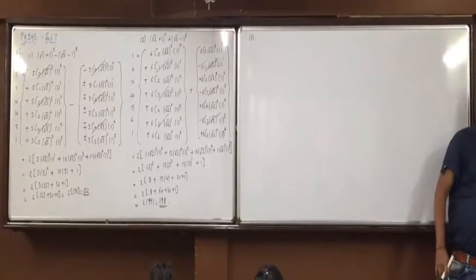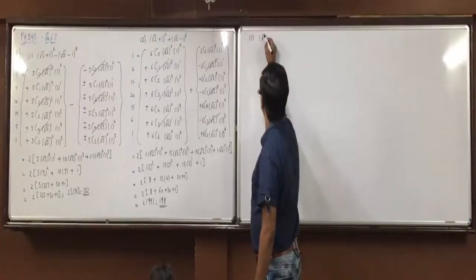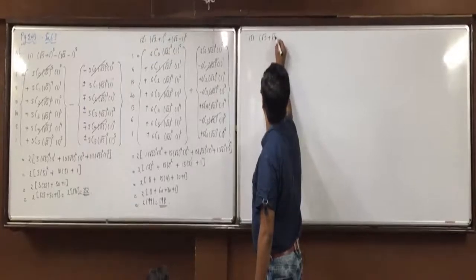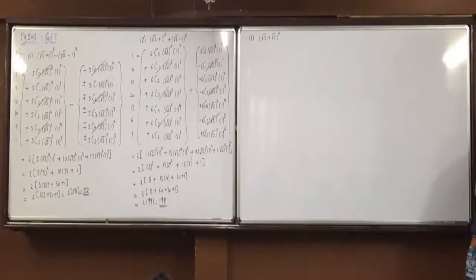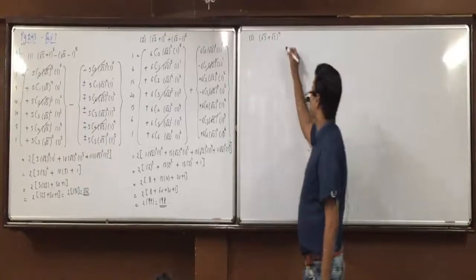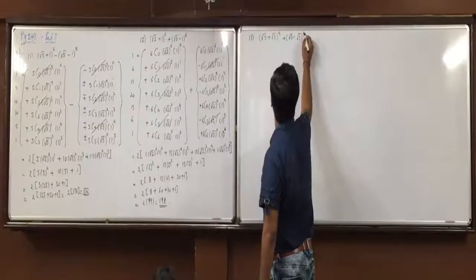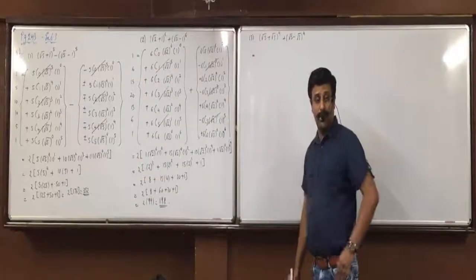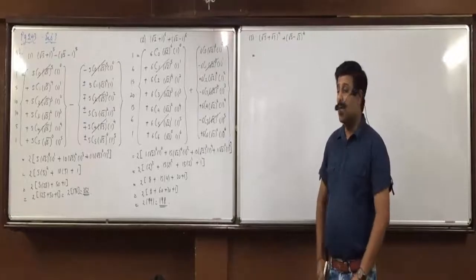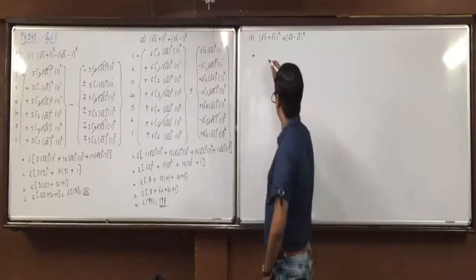Okay? Root 5 plus root 3 raised to 4, plus root 5 minus root 3 raised to 4. So as I said, you keep trying on your own and I am doing it on the board. Right? With 4 the coefficients will be from 4C0 to 4C4.